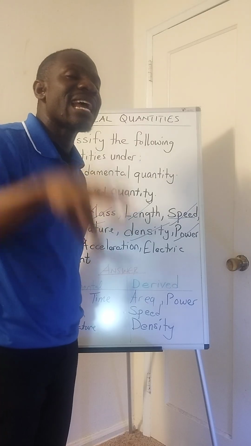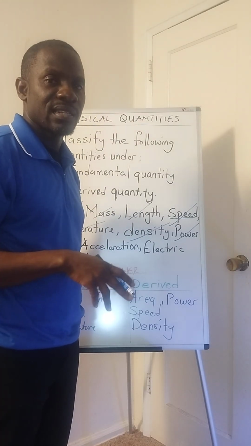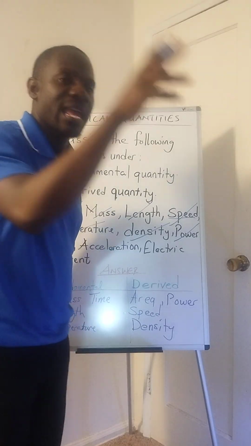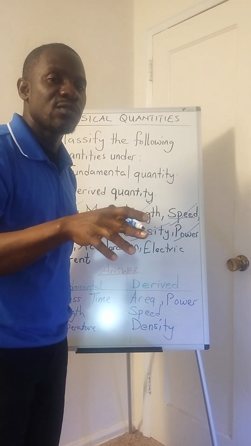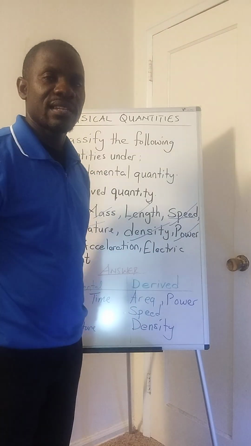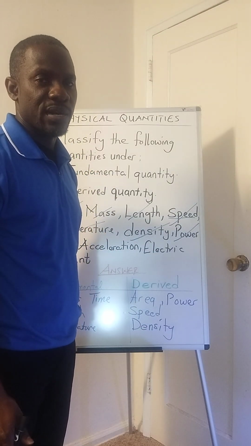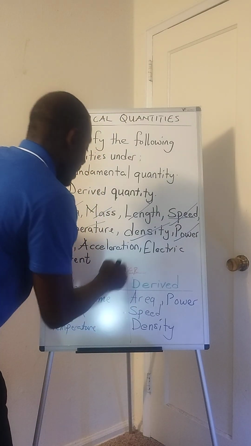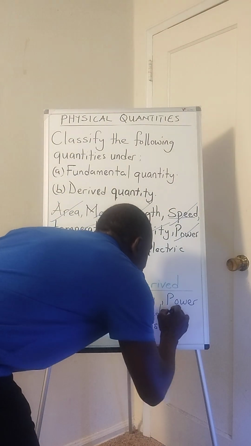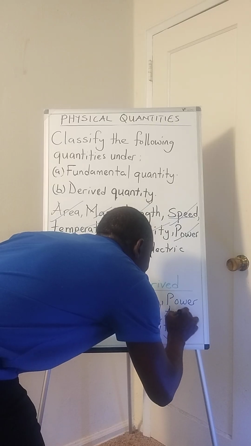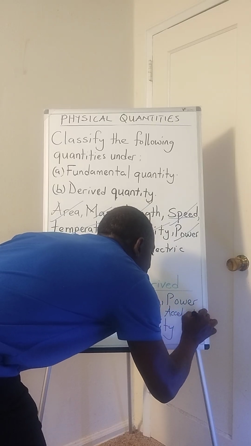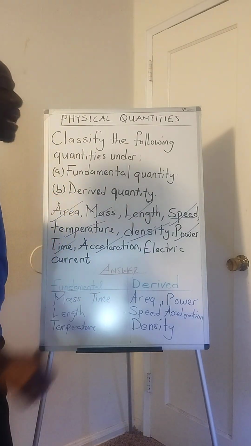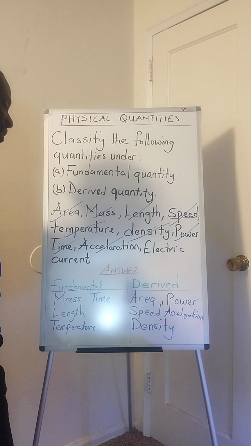Velocity is a derived quantity already. So a derived quantity divided by a fundamental quantity gives you a derived quantity. I hope you understand. Good. And so acceleration, this one also falls under derived.